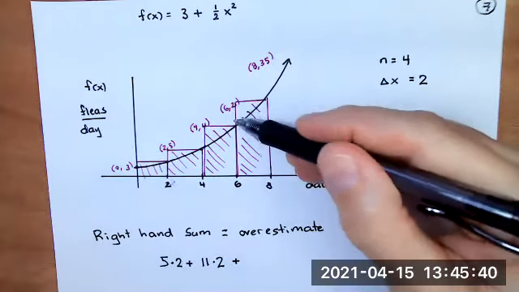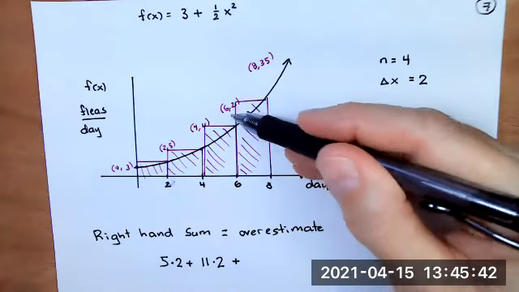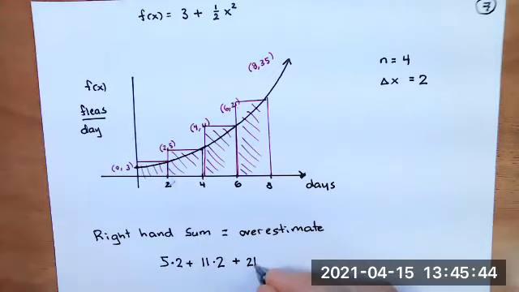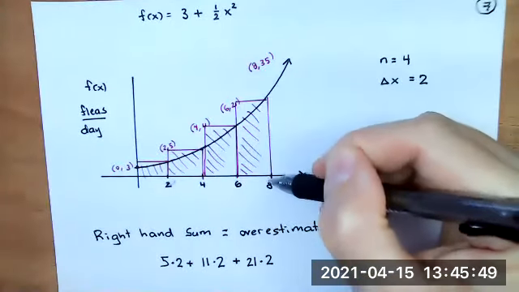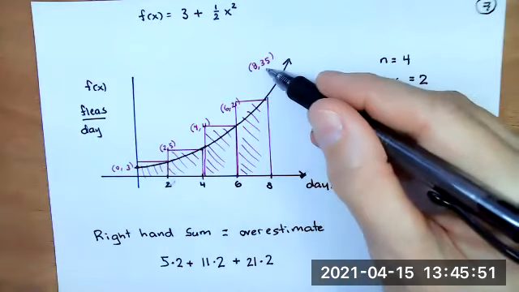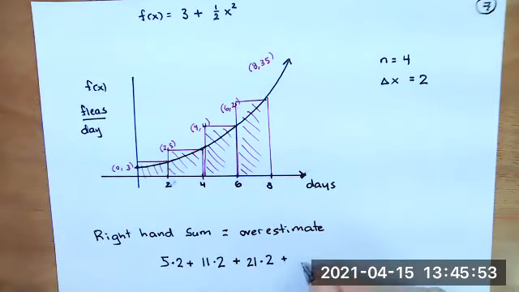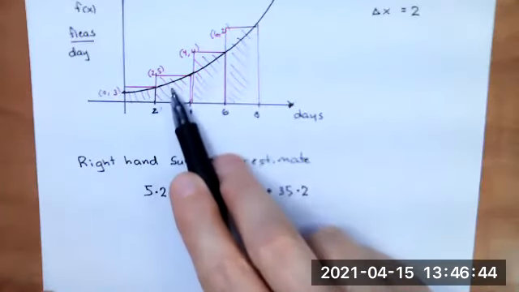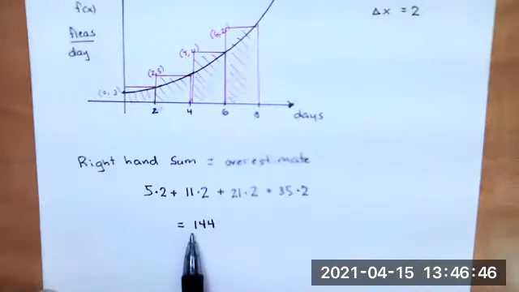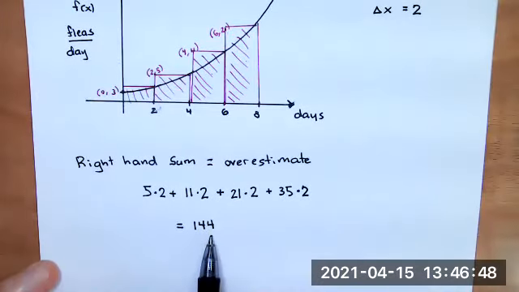For the third rectangle, we're going to use the height of 21. And for the last rectangle, we're going to use the height from the right, which is 35. So the area of these 4 rectangles added together is 144.